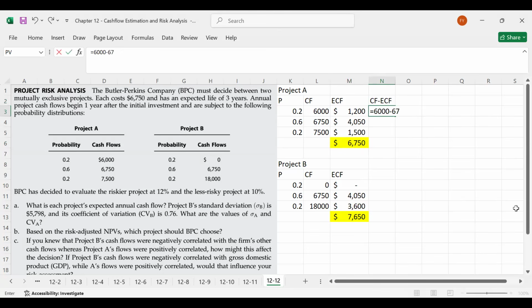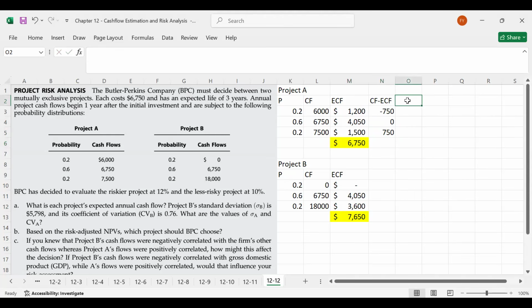And next we have cash flows, which is 6750, minus expected cash flows of 6750. And the next we have 7,500 minus expected cash flows, which is 6,750. So expected cash flows are constant each year, whereas cash flows change as the probability or the scenario changes.